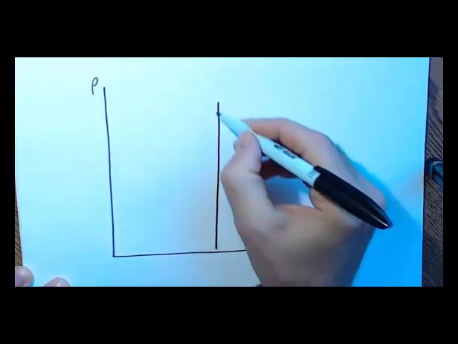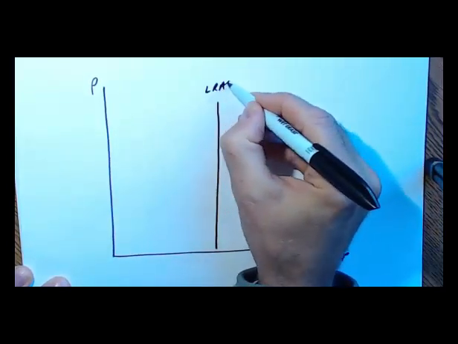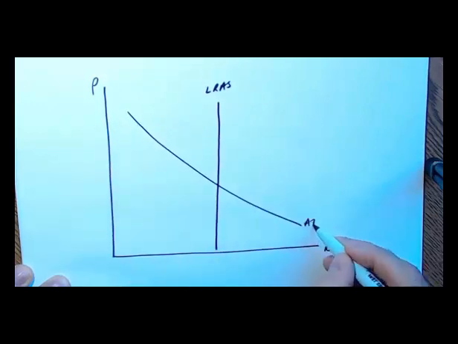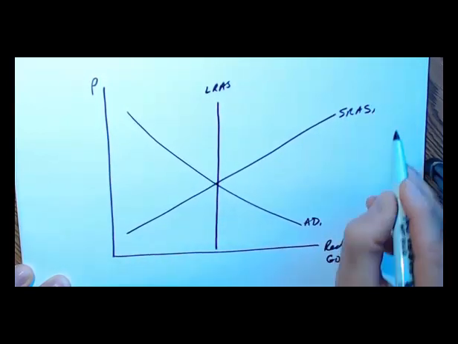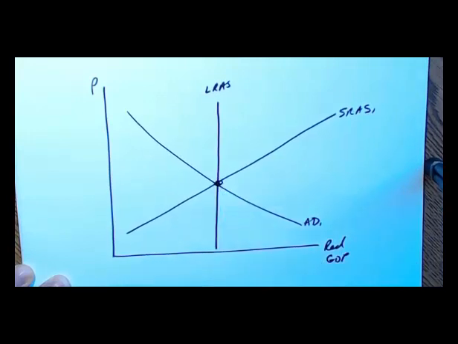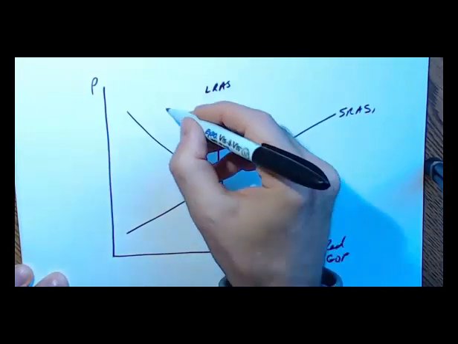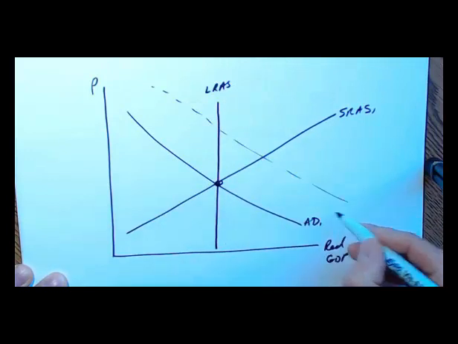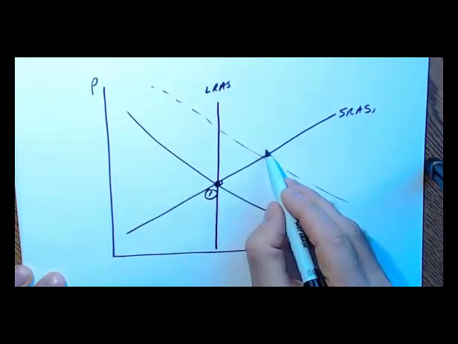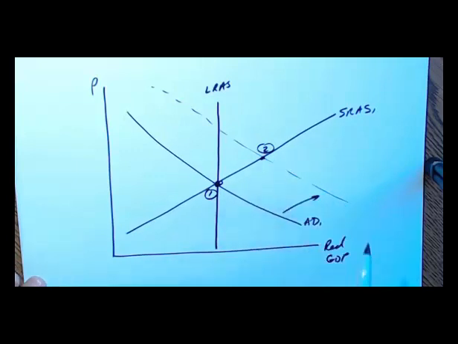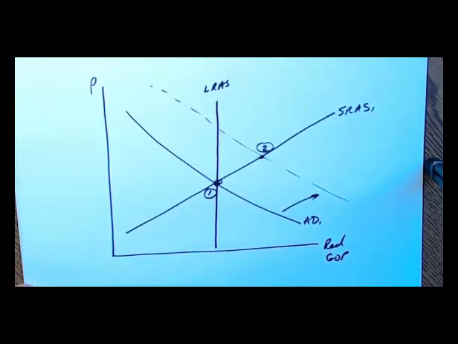So here we have long-run aggregate supply, aggregate demand 1, short run 1. We start off right here at equilibrium. Aggregate demand jumps up. Okay, so we go from 0.1 to 0.2. That's what we just talked about in the middle of this video.